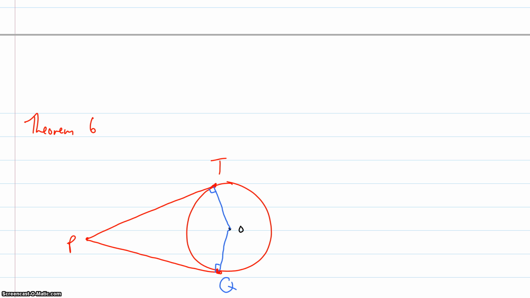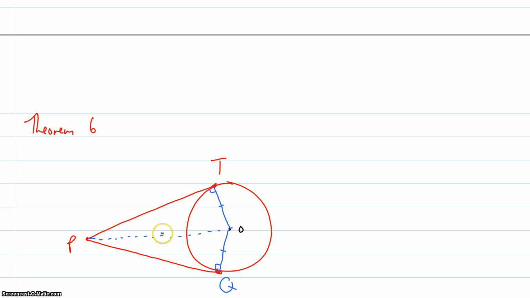We also know that this length is the same as this length here, because it's simply the radius. We also know that this dotted line is the same for both triangles. If you imagine this line here goes directly from P to O. Now we've got two triangles, one there and one there.